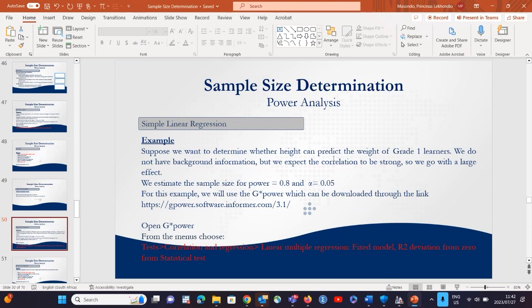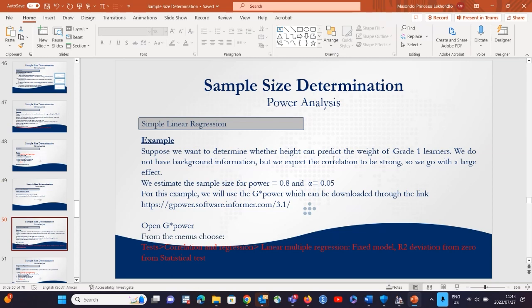So if you take it to a simple linear regression, you're now also able to quantify by how much the independent variable influences the dependent variable. With a correlation, you are able to say there's a strong correlation. If it's positive, you give a value. But when you now do a simple linear regression, you are able to quantify and say the weight affects the height in this particular way.